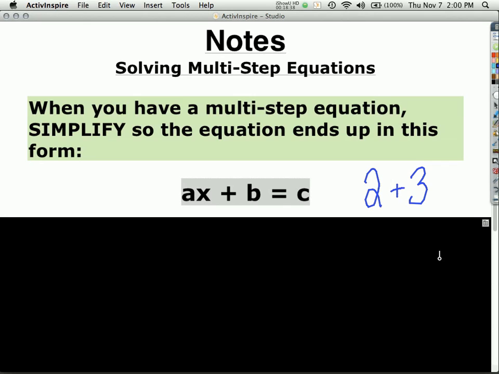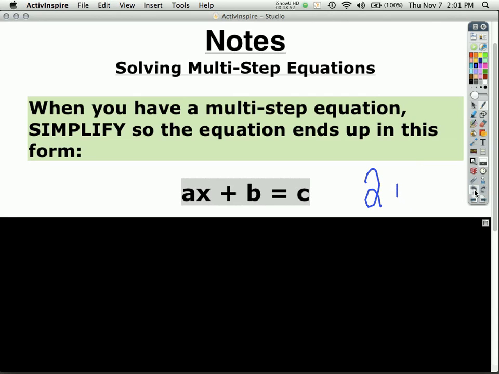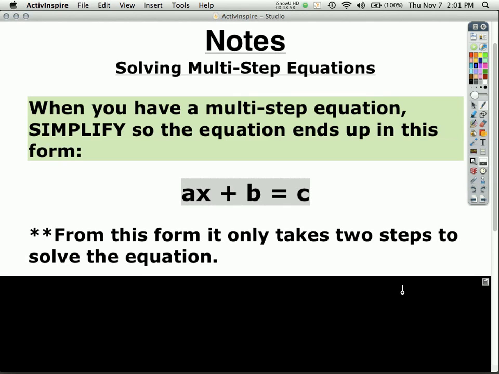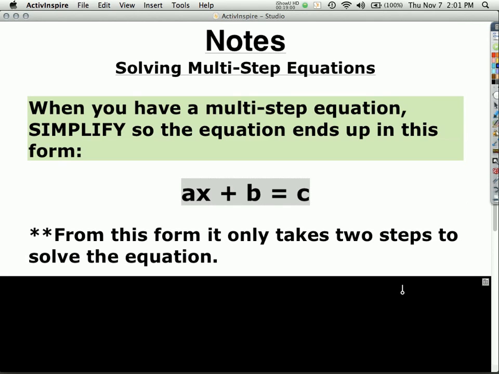You're changing the form of it, but it's still the same value. So 2 plus 3, we know, is equal to a value of 5, and then when we add it together, it equals 5. That's called simplifying. We do not solve an equation until it is simplified completely. And so, the key is that once we get it in this form, it only takes 2 steps to solve.